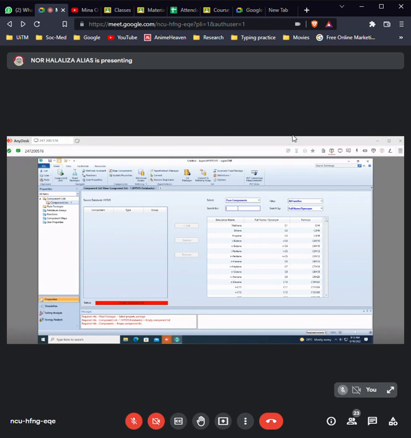Okay, we have n-heptane. Next we have toluene.